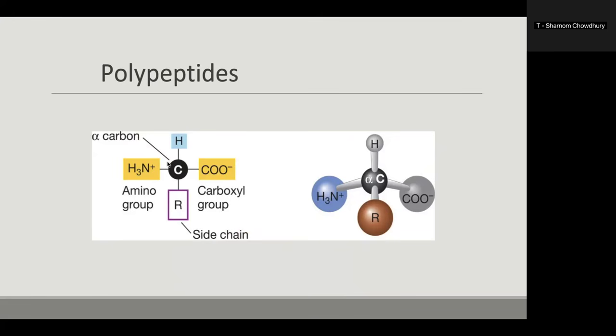What that means is that every single amino acid you'll see has the same exact structural backbone of an amino group, alpha carbon, and a carboxyl group. Every single one of them. The only difference that changes each amino acid's structure and function is the R group, which is the side chain. However, other than the side chain, they all have the same exact backbone.